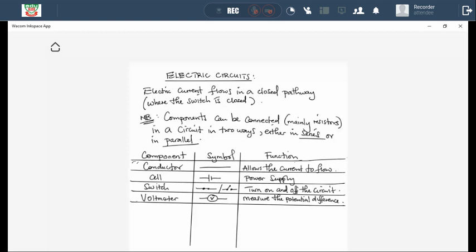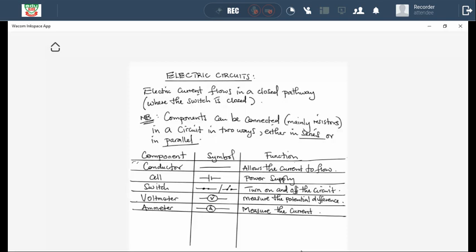And now we are looking at another component which is also very, very important. That component is called an ammeter, right? Now, what is the symbol for an ammeter? It is a capital letter A inside a circle. And what is the function of an ammeter? The function of an ammeter is to measure the current, right?